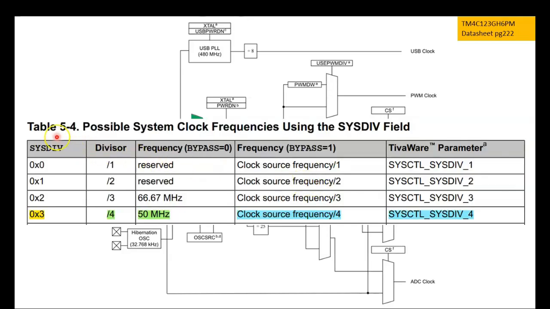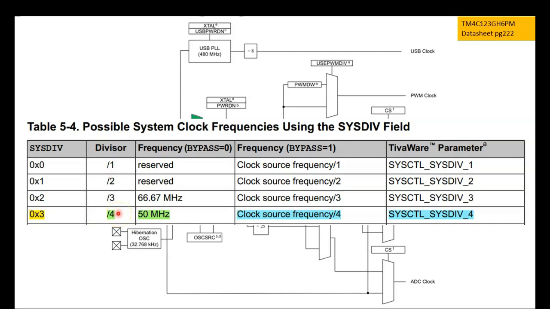From table 5-4 of the datasheet, under the column of SYSDIV, if it's set to hex 3, the divisor would be 4.